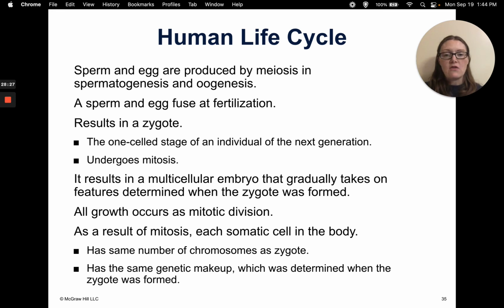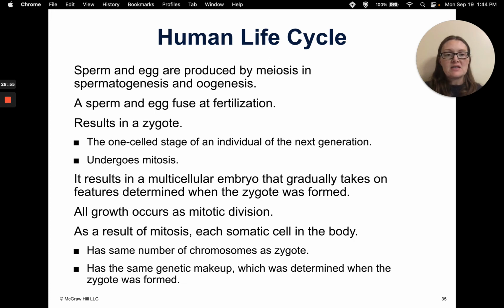Sperm and an egg fuse at fertilization. This results in the zygote, the one-celled stage of an individual of the next generation, which undergoes mitosis. So when that egg and that sperm first fuse, and it is completely fertilized with a full set of information, and it's still one single cell, it's called a zygote. As it continues to divide, that 1 cell becomes 2, those 2 cells become 4, those 4 cells become 8, and so on.